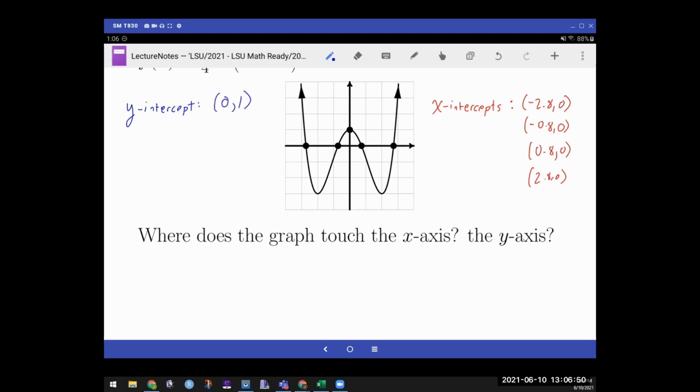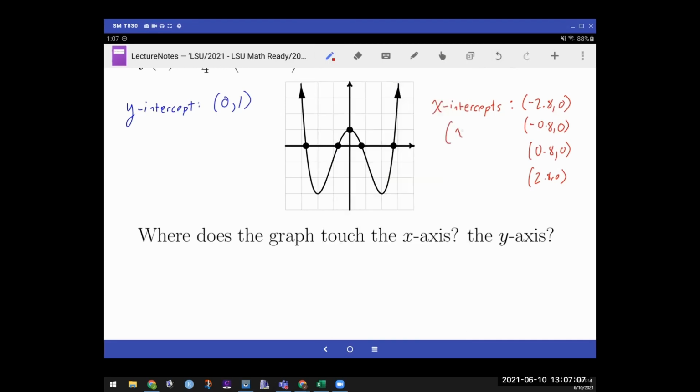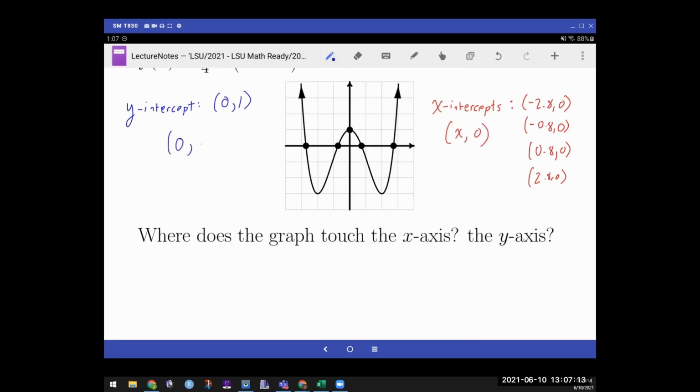Okay, and so notice something. For all of the x-intercepts, they're always a number, comma 0. They all have a number followed by 0. So in general, whenever we're dealing with an x-intercept, you should always have an x value, comma 0. For y-intercepts, it's the opposite. It should be 0, comma some y value of the graph.